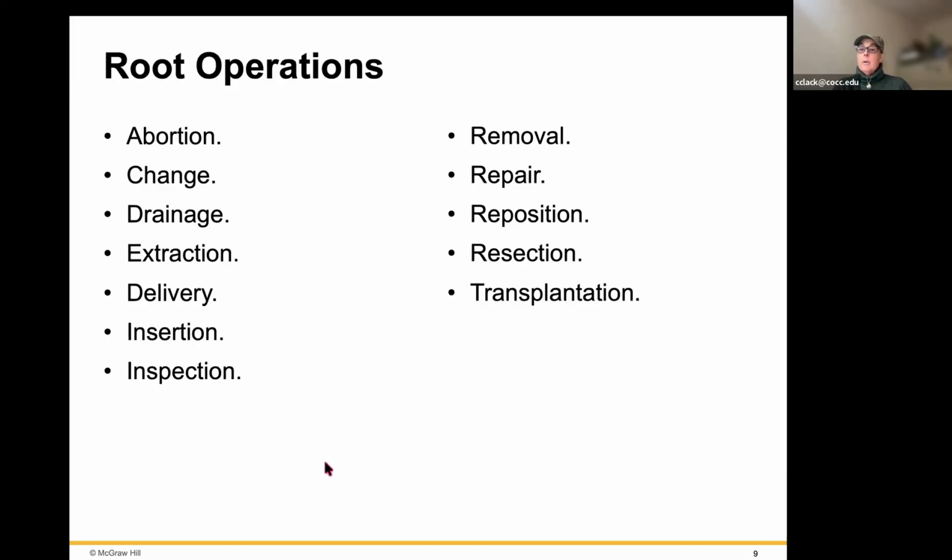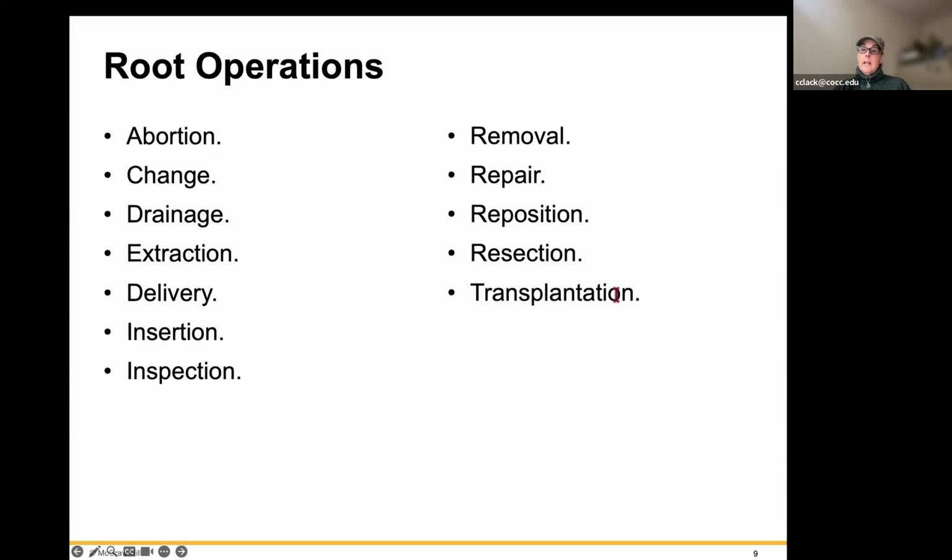Drainage is taking out fluids, gases. You want to watch for amniotic fluid drainage or any related procedures. Insertion is putting in a non-biological device. Removal, taking out a device from a prior procedure.